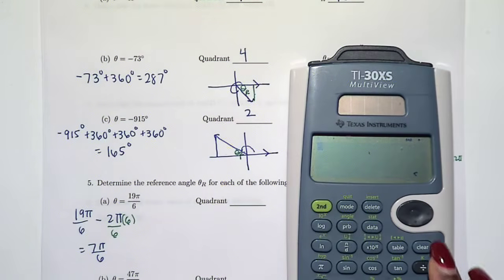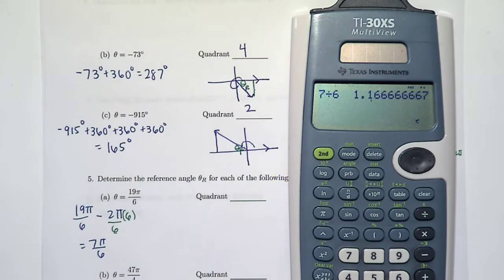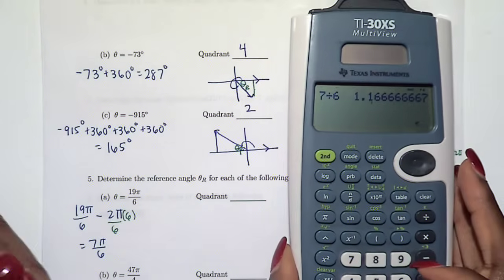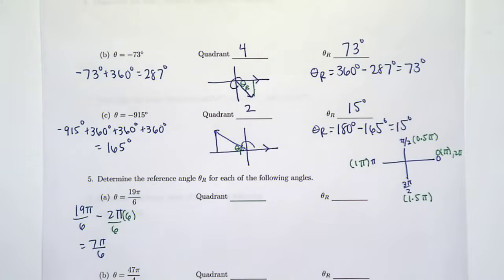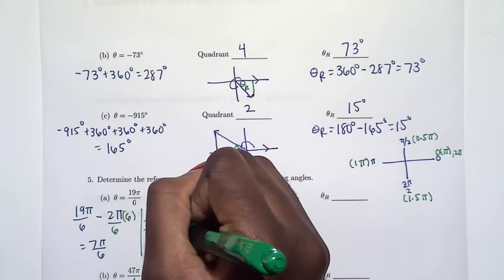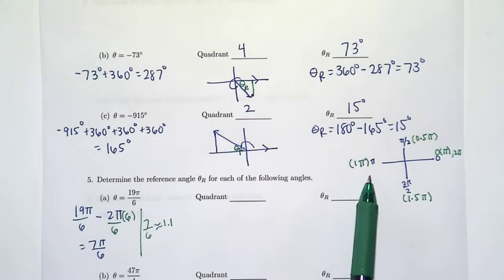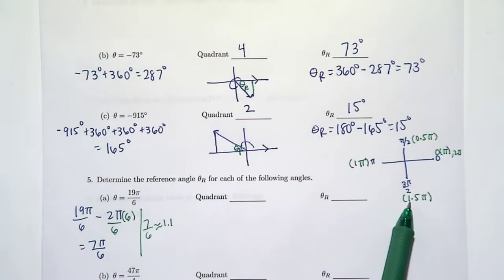We'll see what 7 divided by 6 is. It's about 1.1 something. So 7 over 6 is about 1.1. That goes here, right? It's between 1 and 1.5 pi.